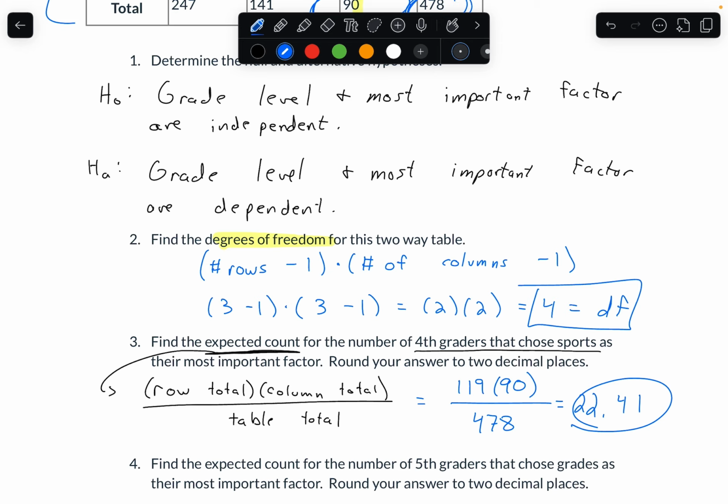That wouldn't make any sense. So if you wanted to round that either up or down to the nearest whole number, I think that would be fine. Obviously, for any homework problems, make sure that you read carefully. I do believe that they're going to ask for decimals, so just make sure you read carefully to know how many decimal places to round to. I'm going to leave it as 2 decimal places, 22.41.